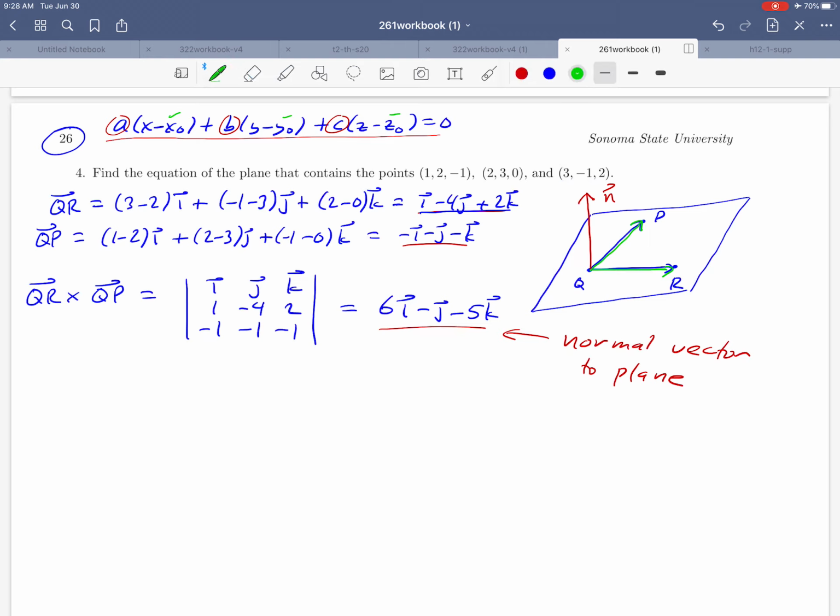How about if we choose the first of the 3 points, 1, 2, negative 1. That means that x naught, y naught, and z naught are just going to be those 3 numbers. Combine that with the fact that A, B, and C are just the coefficients of the components of our normal vector, and we're ready to write down the equation of our plane.